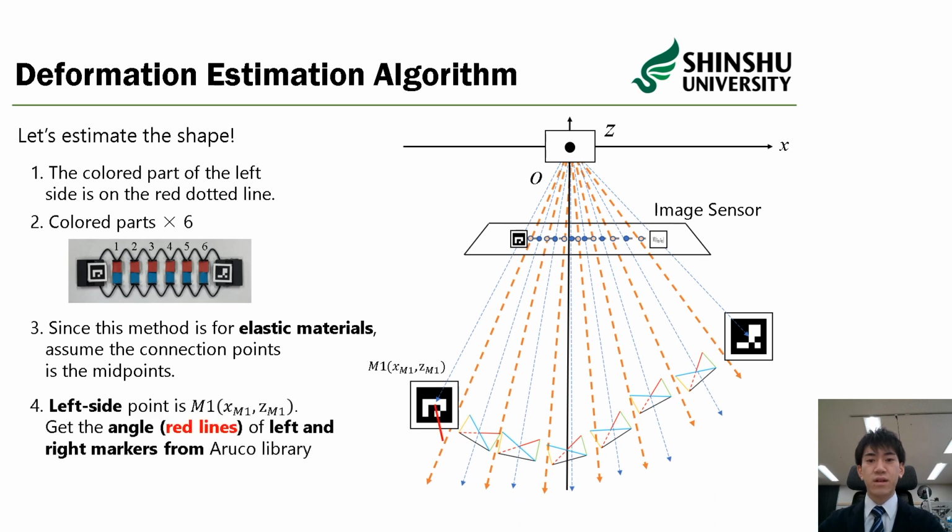The start point of the drawn shape is M1 obtained from the algo library, and the left and right side angles use the same angles of the marker as well. By connecting them, the shape is obtained.